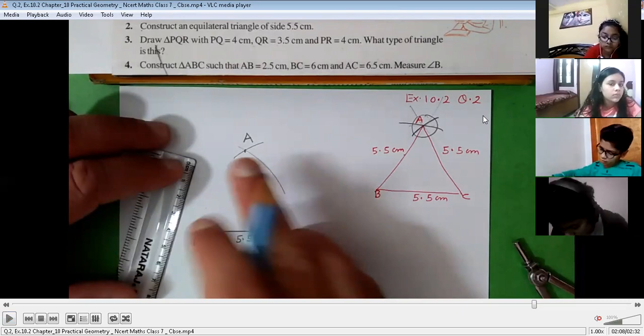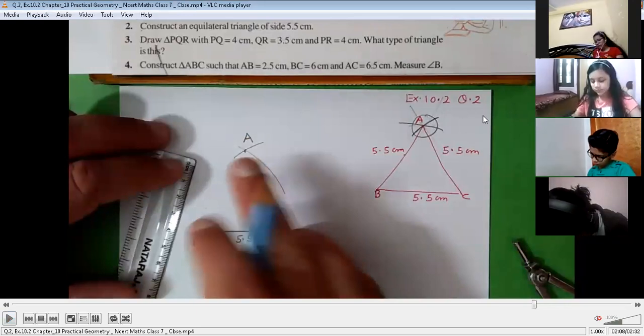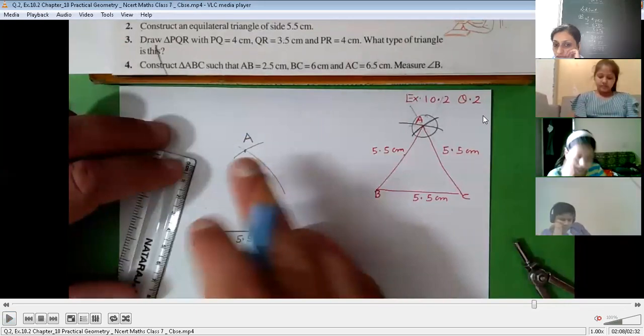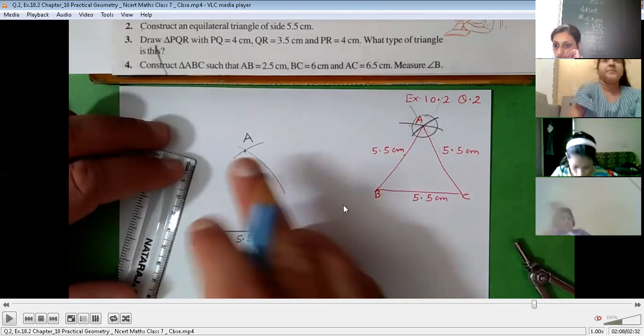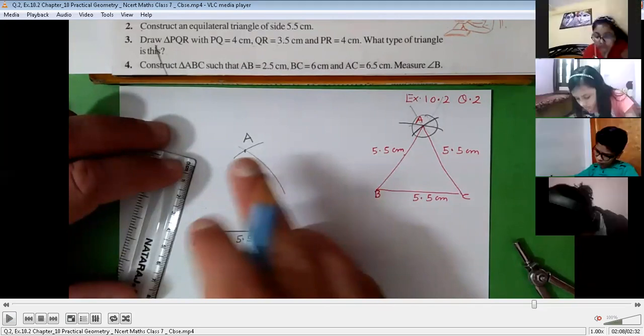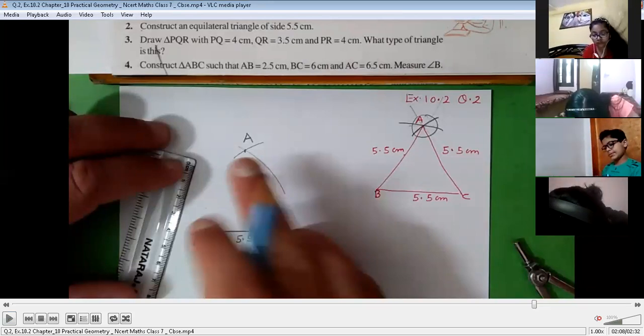First of all, draw a line of 5.5 centimeters. Take your compass of 5.5 centimeters and draw an arc from points B and C both. Everybody, draw a line with ruler and pencil of 5.5 centimeters.